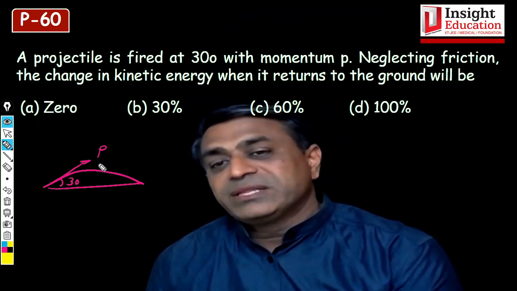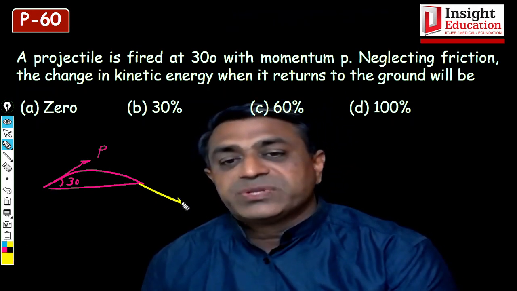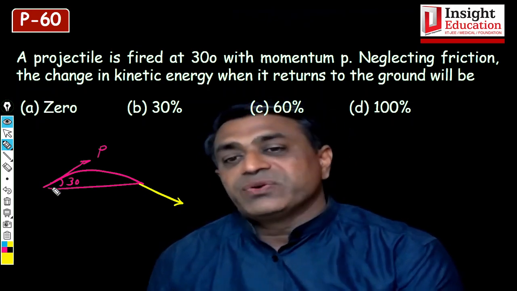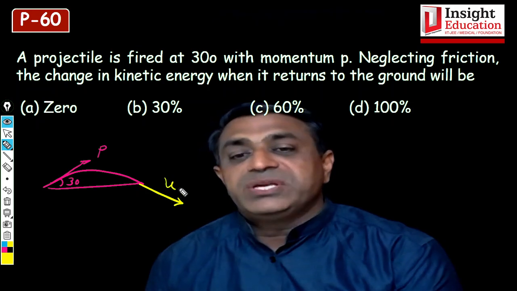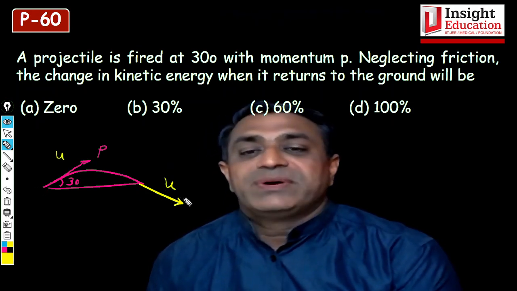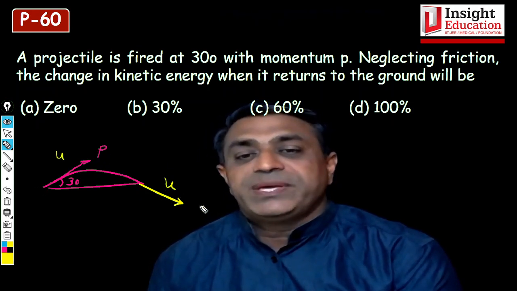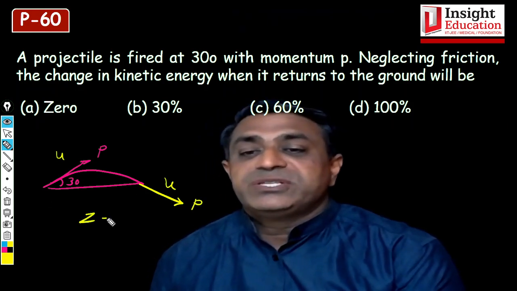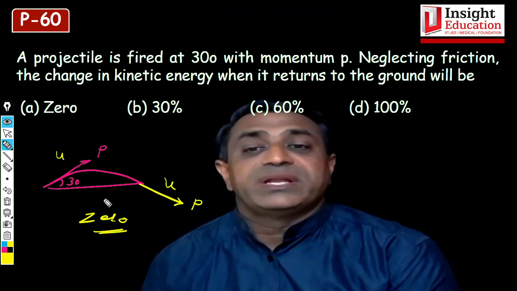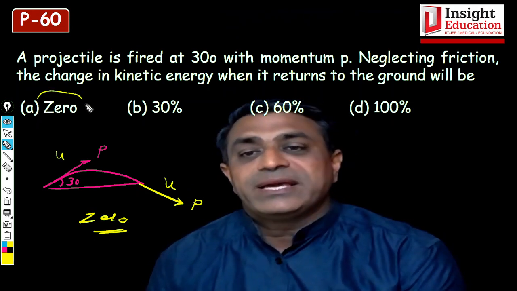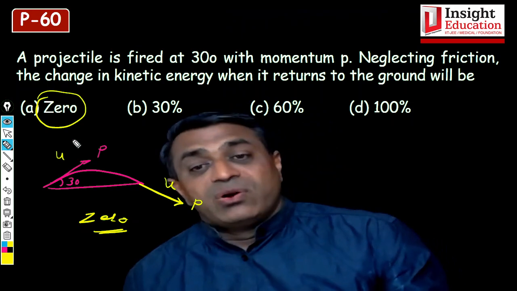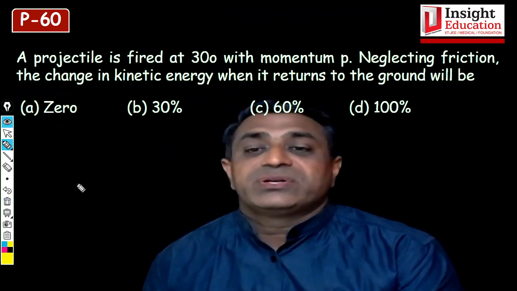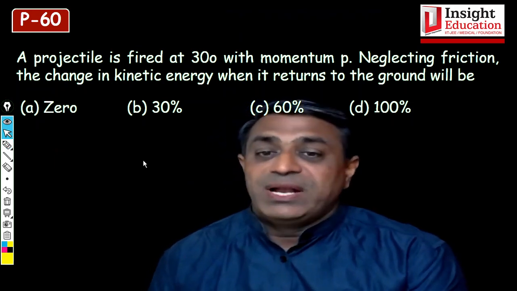After completing the motion, when it returns to the ground, its initial velocity is u, final velocity is u, initial momentum is p, final momentum is also p. So the change in kinetic energy is 0. There is no change in kinetic energy. That is the law of conservation of energy. Just the direction of velocity changes, the value remains the same.